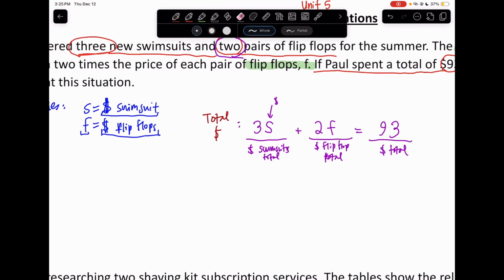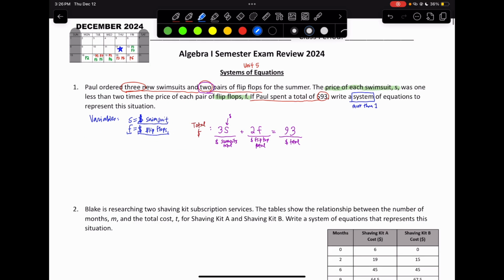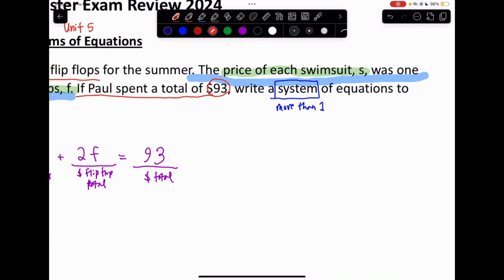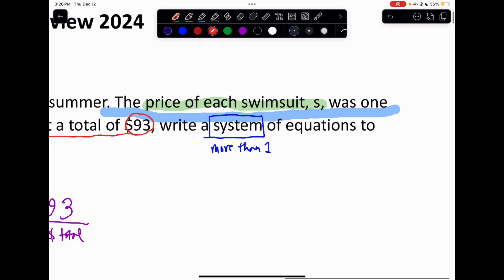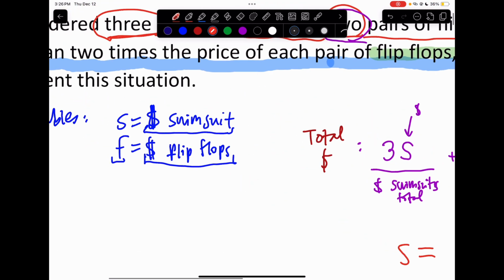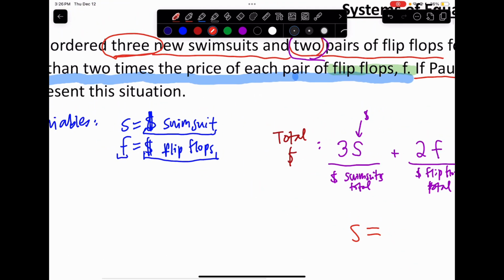Now my other equation is going to come from the other piece of information they gave me, which was that the price of a swimsuit is 1 less than 2 times the price of each pair of flip-flops. I kind of explain it using grammar here. The subject of my sentence is the price of a swimsuit, which I described using the variable S. And that's equal to 1 less than 2 times the price of a pair of flip-flops.